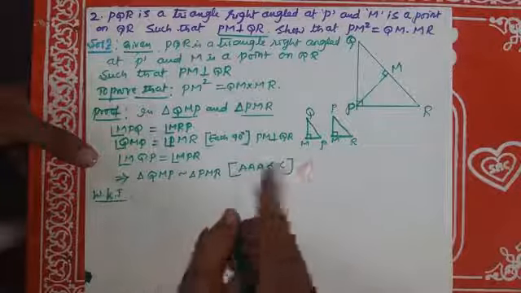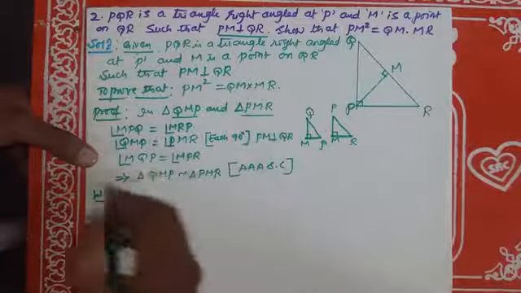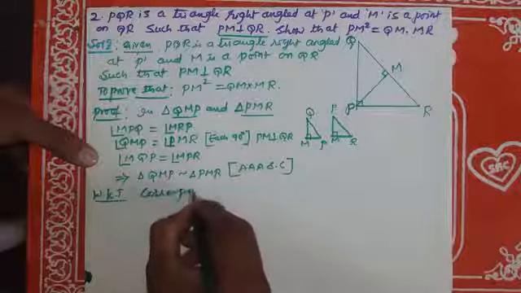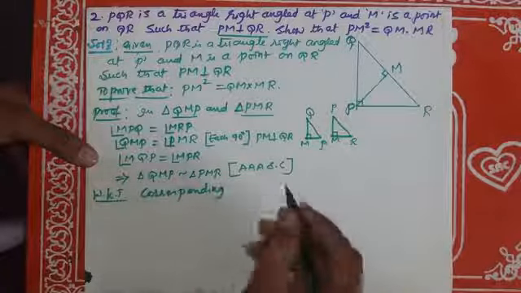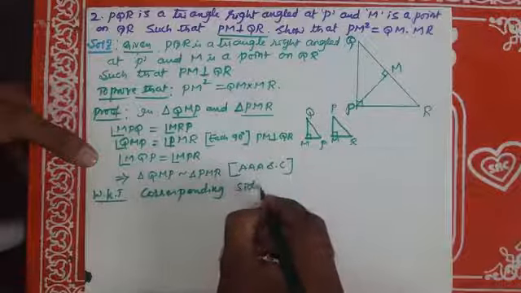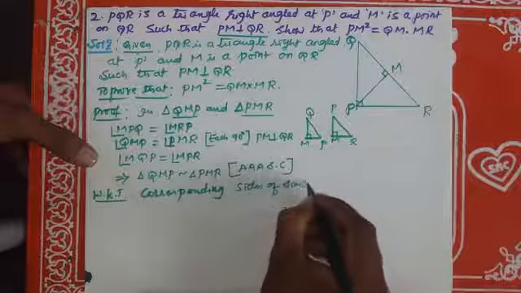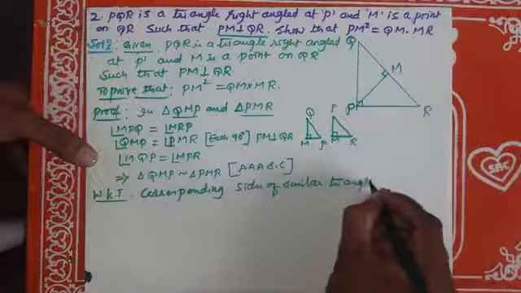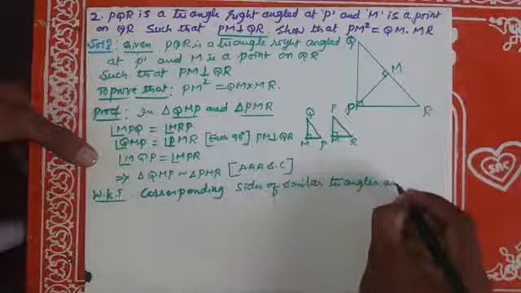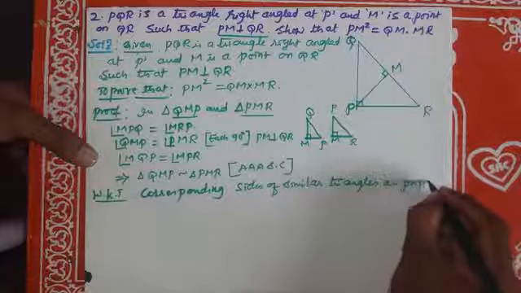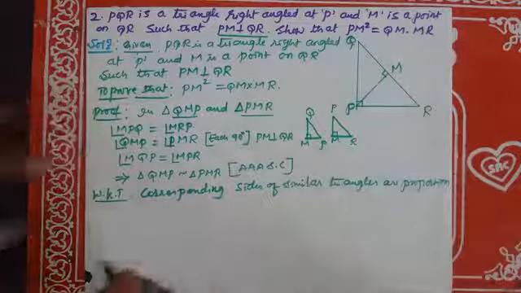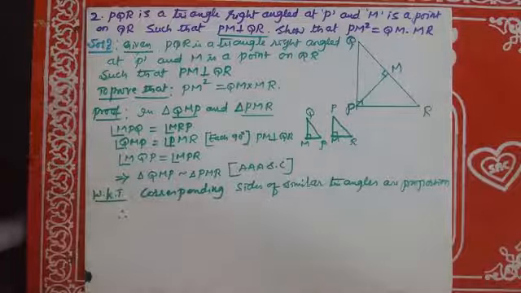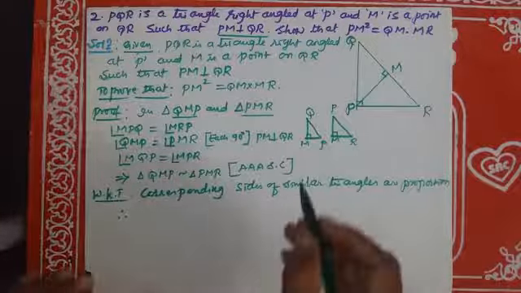Okay. We know that corresponding sides of similar triangles are proportional. Therefore, okay, we can write the corresponding ratios. What are those? Let us see.